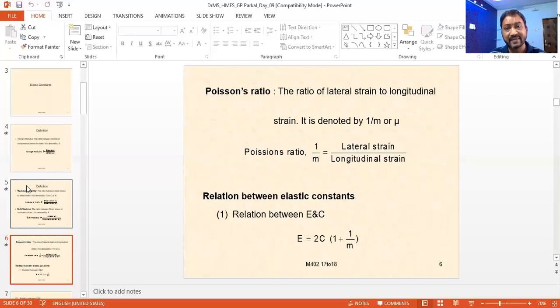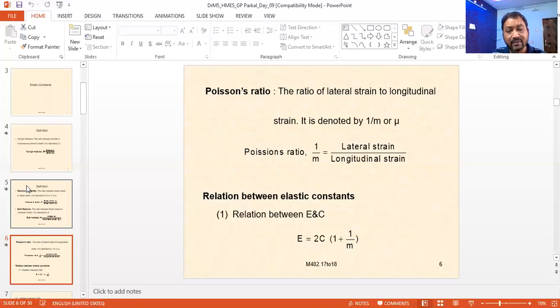Therefore, the strains obtained along the width and thickness are called the lateral strains. The lateral strain is the change of lateral dimension by the original dimension. In that way, we can find the linear strain and also the lateral strain. The lateral strain is also called the secondary strain.